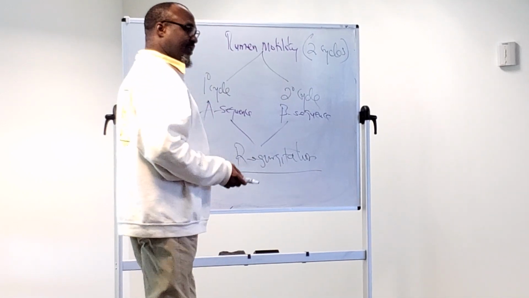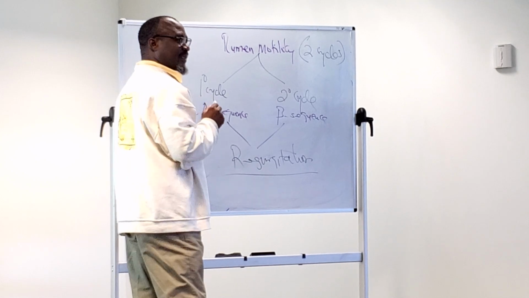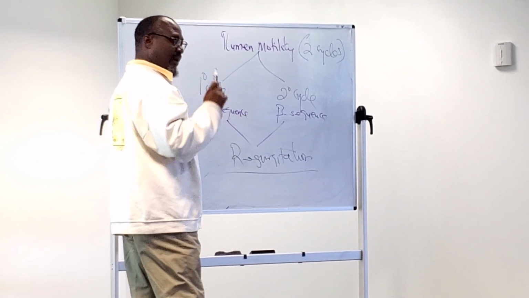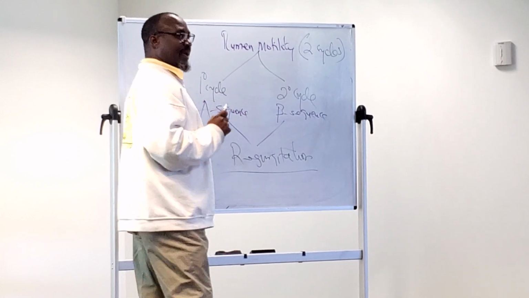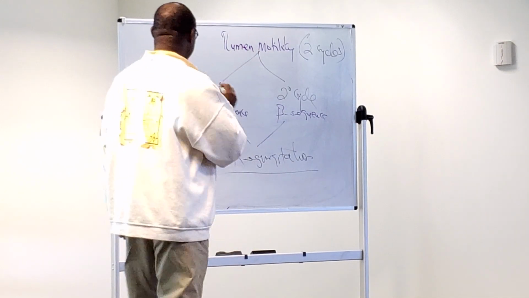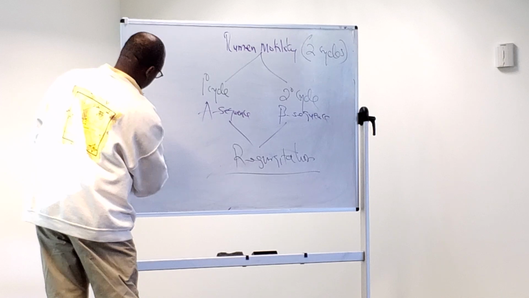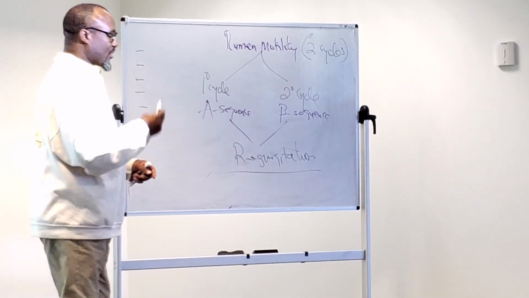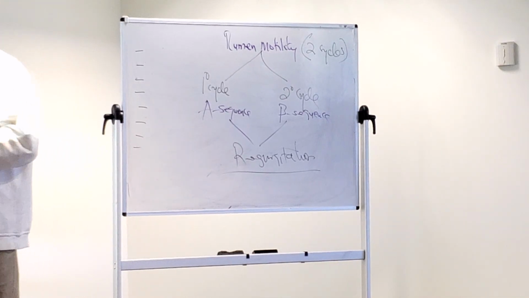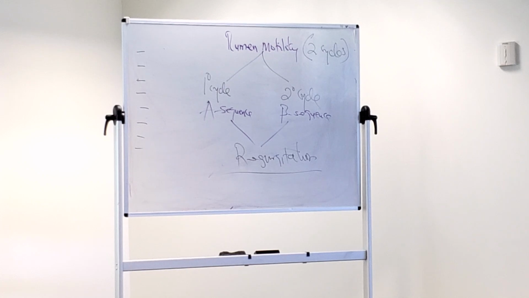I want you to type the primary and secondary cycles of rumen motility, and tell me in steps. Put it in order: what happens in each cycle, how it spreads to the second cycle, and eventually how it leads to regurgitation.